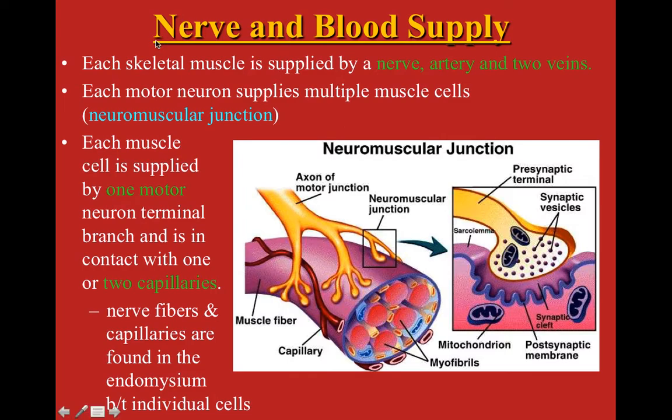All right, we're going to start here with the nerve and blood supply of the muscle system. Each skeletal muscle is supplied by a nerve, artery, and two veins.